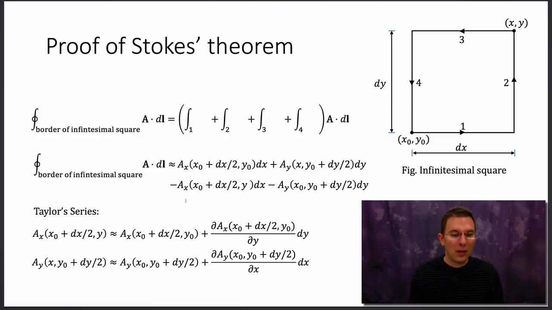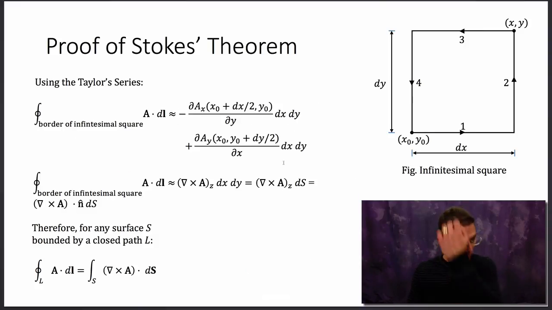Again, we're going to use our Taylor series approximation in this form in the x direction, and in this form in the y direction. So just keep those Taylor series approximations in mind.